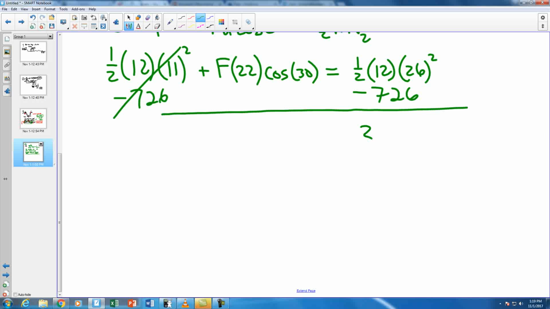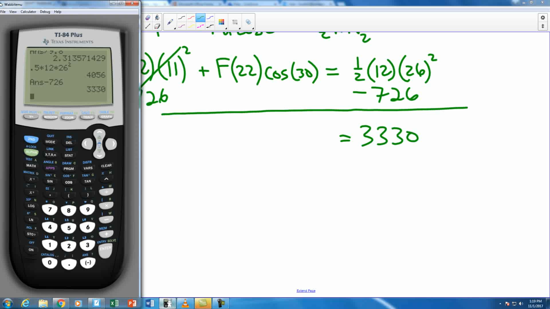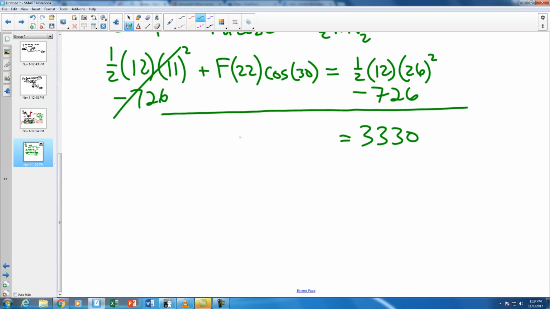So now I have 3330 equals, and I'm going to find out what 22 cosine of 30 is. I'm going to check my mode real quick. I've got it in degree mode. Press enter, gives me 19.05. So 19.05 F. So I'm going to divide by that 19.05.